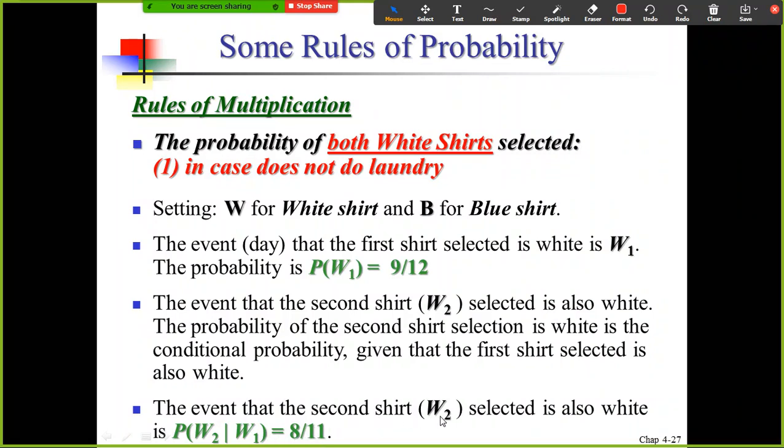That's why the second white shirt is affected by the first white shirt selected, in this case only if he does not do laundry. But if he does laundry, what happens to the second white shirt? Okay, I think you can get this point.